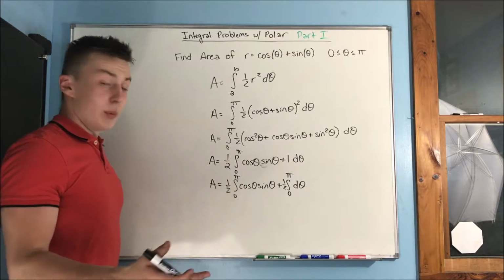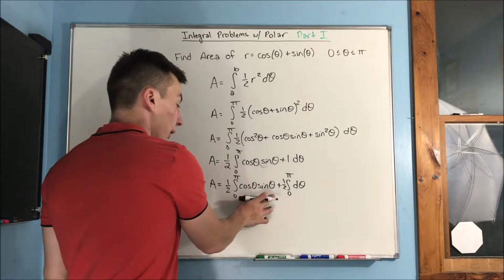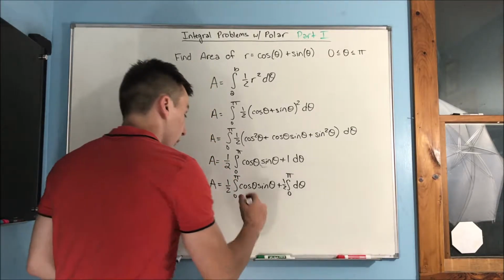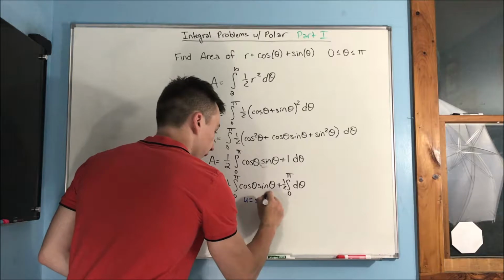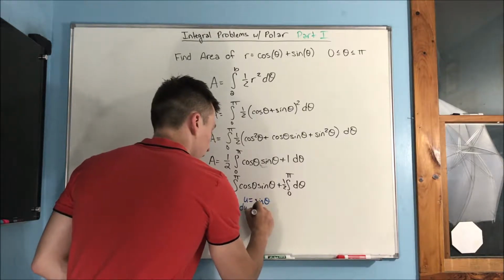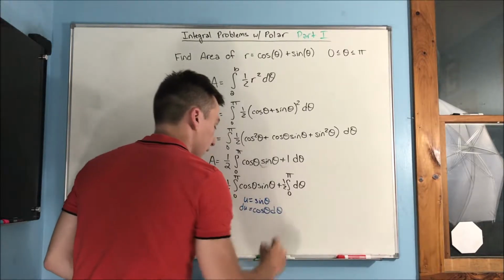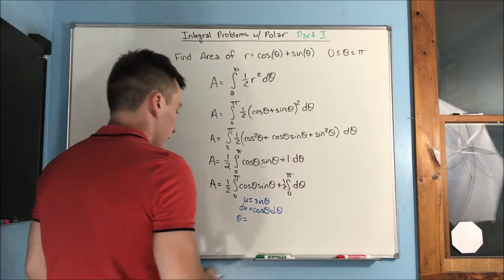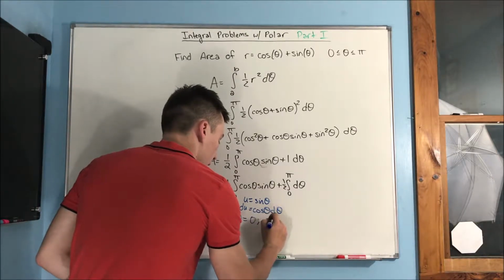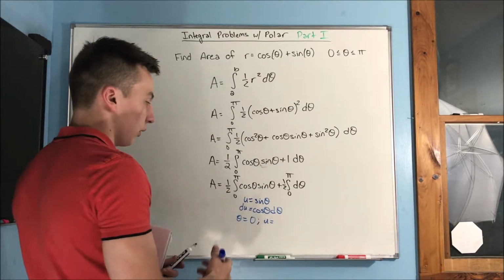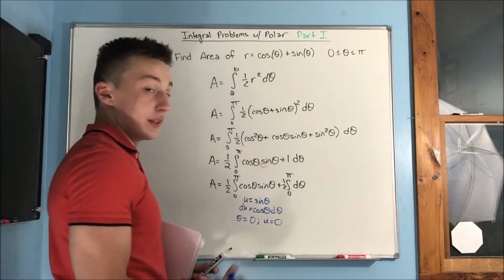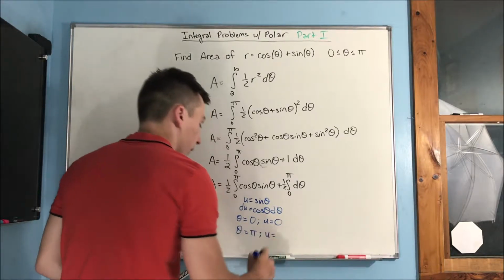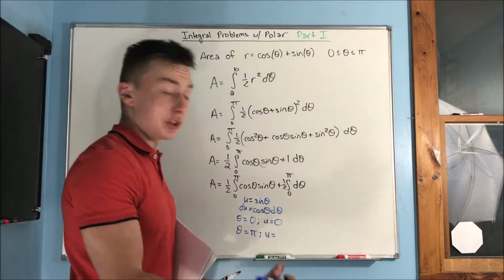Now we just integrate. To integrate this piece, we set up a u substitution with u equaling sine of theta and du equaling cosine of theta d theta, which apparently I forgot the d theta part, no big deal. When theta equals 0, u equals sine of 0, which is 0, and when theta equals pi, u equals sine of pi, which is also 0.